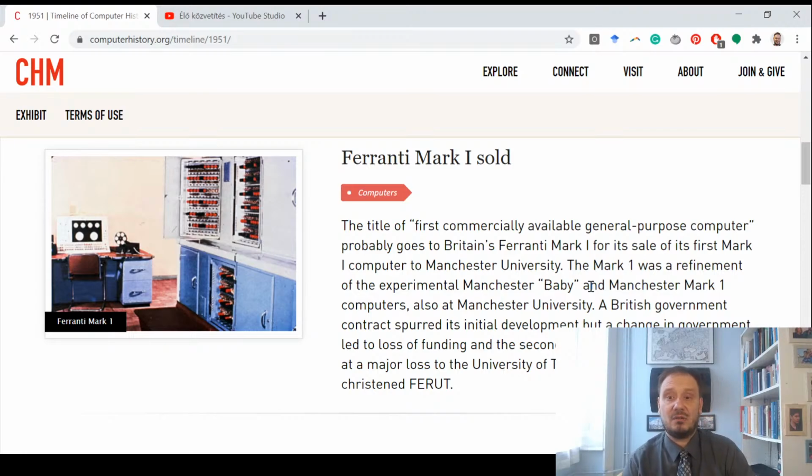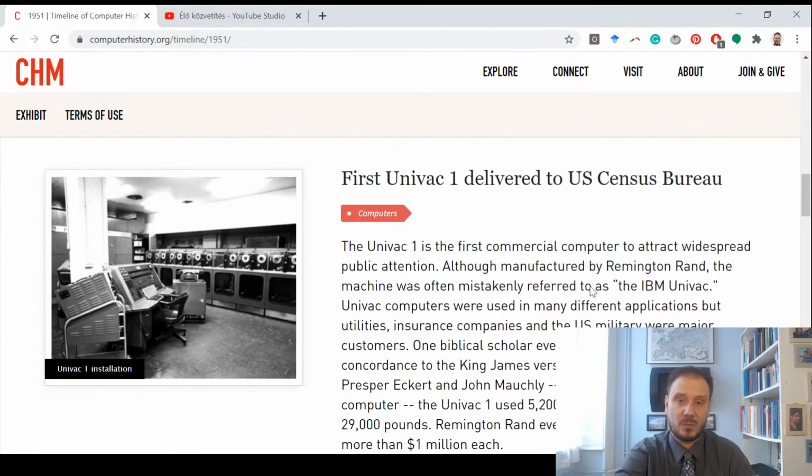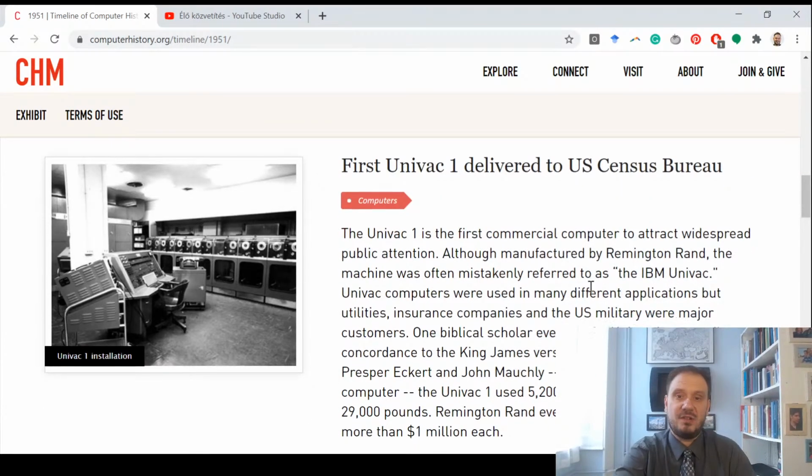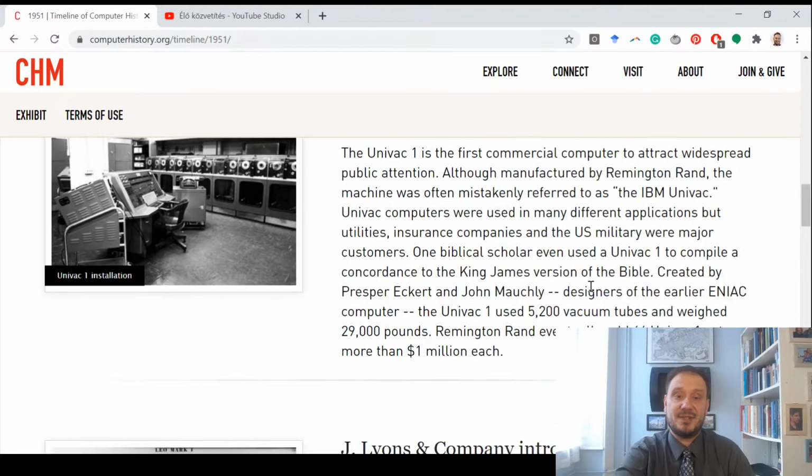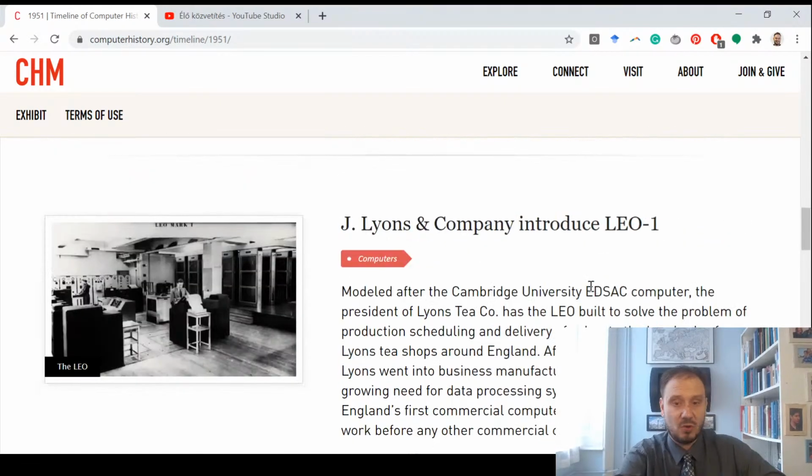The second and only other Mark I was sold at major loss to a university in Canada, Toronto. The UNIVAC 1 was delivered to the US Census Bureau, so from that time they could do more statistical counting using computers.